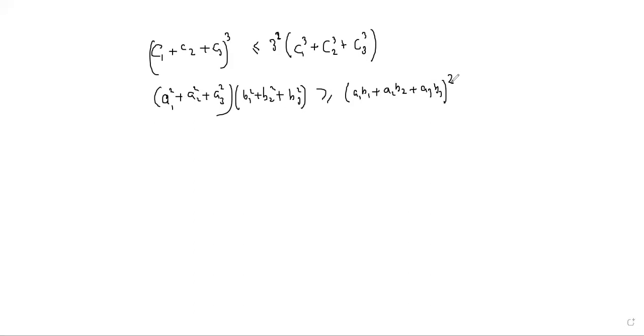Okay. This is the Cauchy Schwartz inequality, and instead of 3, you can also use it for n numbers, just the same thing. The proofs are a little difficult, so let's not do them now.